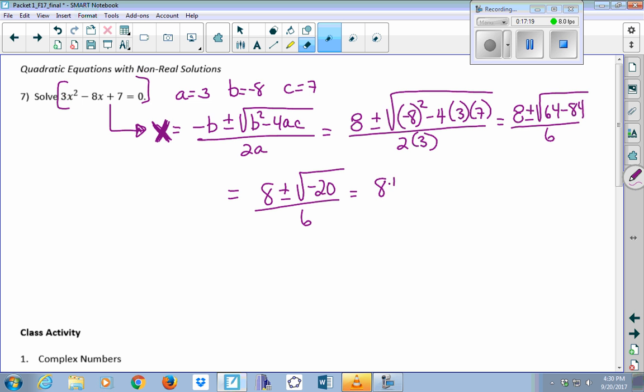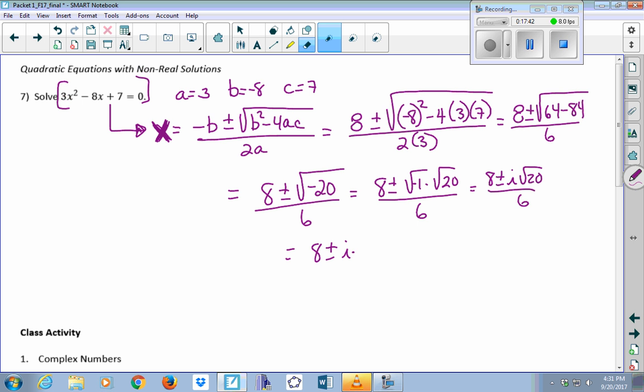So let's take a look at that. This is going to be the square root of negative 1 times the square root of 20 all over 6. So this is 8 plus or minus i times the square root of 20 all over 6. And that equals 8 plus or minus i.